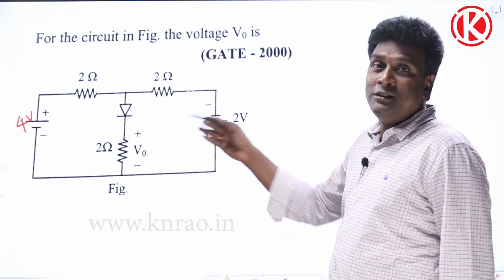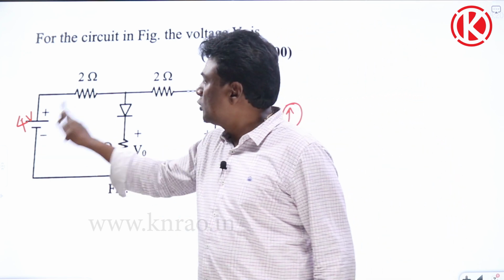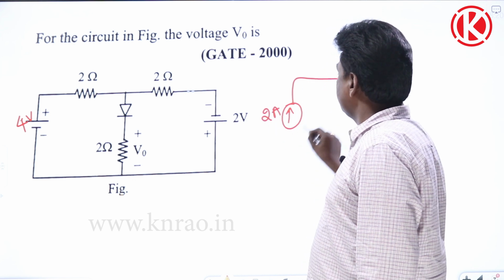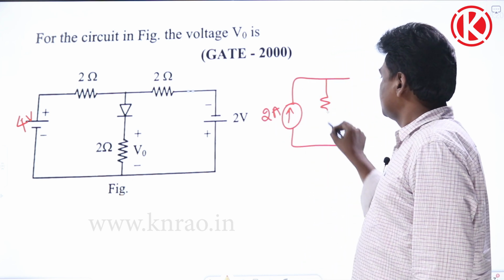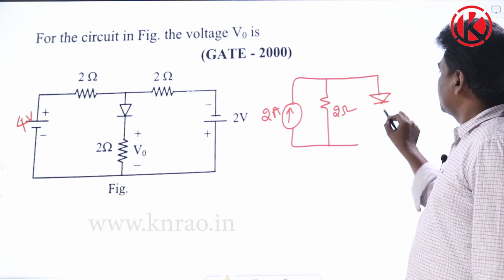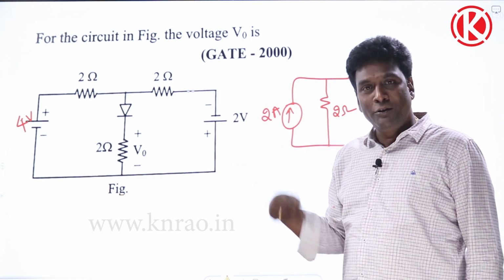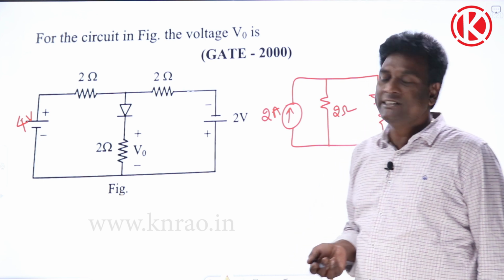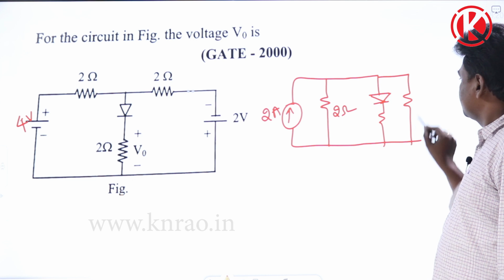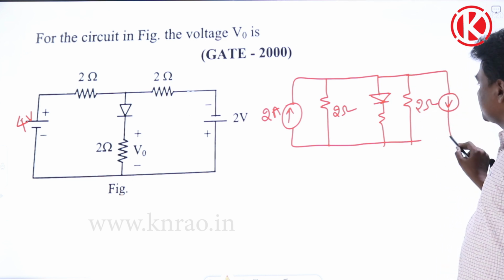Now if I convert that using source transformation, this is going to be 4 by 2 amperes, and in parallel with it 2 ohms, in parallel with it some kind of diode and resistance. And if I convert this again using source transformation, plus is here, see 2 ohms in parallel, 2 ohms in parallel, and here current will be in downward direction.